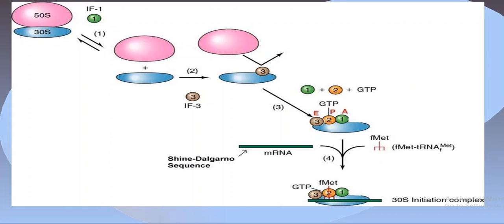This is called the pre-initiation complex, having a smaller subunit attached to the initiation factor 1 and 3, and initiation factor 2 attached to the GTP and methionine on it.